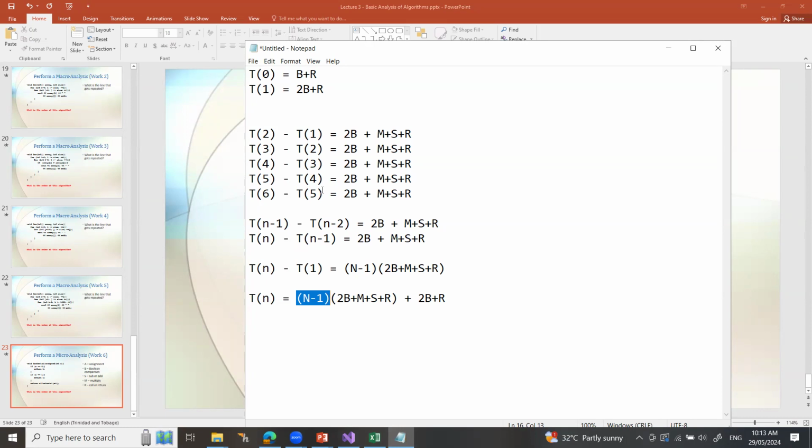So when you write a recurrence relation, when you write a recursive function, it will always have this kind of thing, where you can write it as some constant or some function plus the time of the previous run. If you use the same method where you take the time of the previous run, put it on this side, and add them all up, you'll always get something that looks like that.